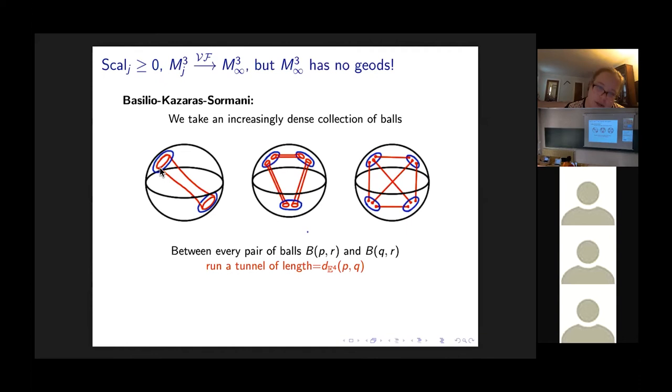Each tunnel has a little bit of Schwarzschild, a long cylinder, and a little bit of Schwarzschild. That's the way I'm having you geometrically think about it. In the paper, we actually smoothly make it very clearly positive using work of Dodziuk. So this is as long as the distance in Euclidean space between each of these.